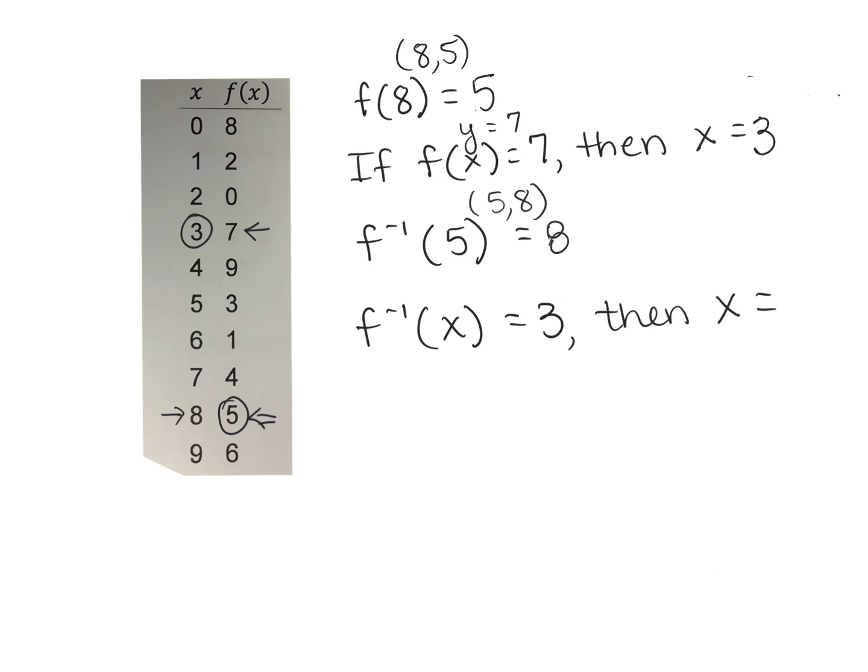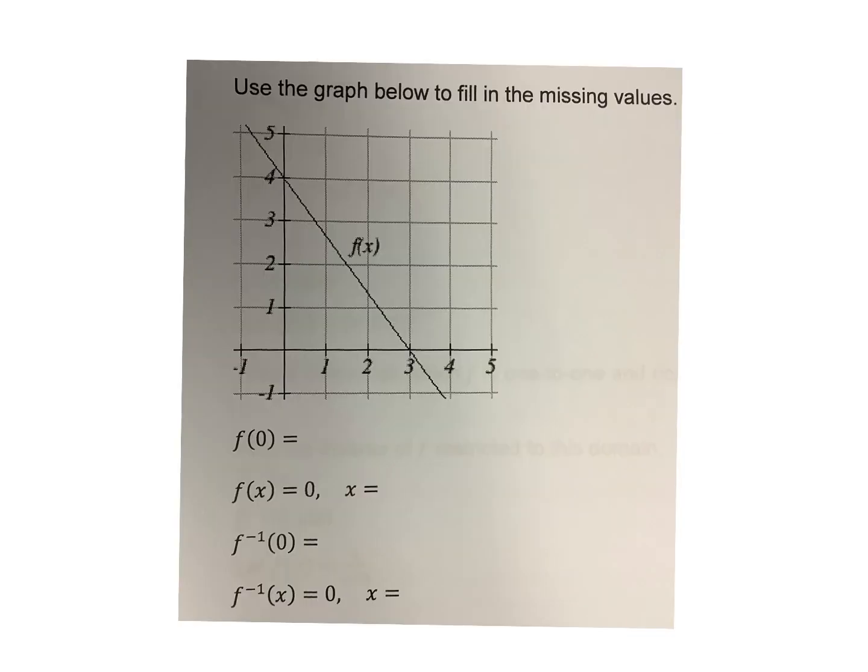And then if I have f inverse of f inverse of x is equal to 3, that means when this is 3, my x value would be 7, because the ordered pair point would be 7, 3, and what they want is this x value. This is a different format in which they can ask you the same kinds of questions.